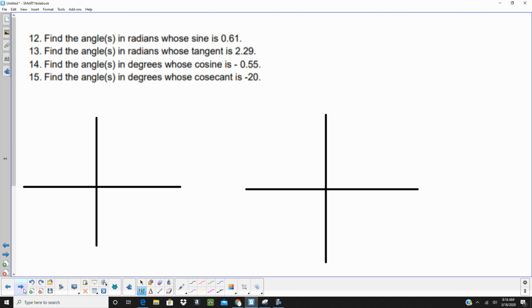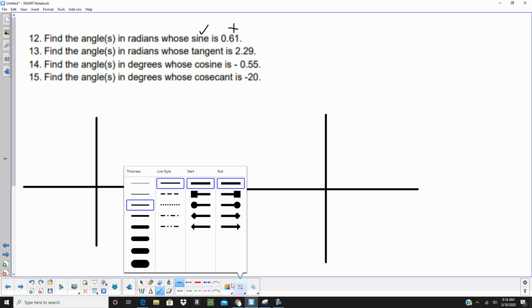All right, these are the ones that get a little bit challenging. So find the angle whose sine is 0.61. Well, that's positive. It's sine and it is positive. So I'm going to have to draw that out, and I'm going to draw it out as 2 coordinates so that we can do each one separately, okay?